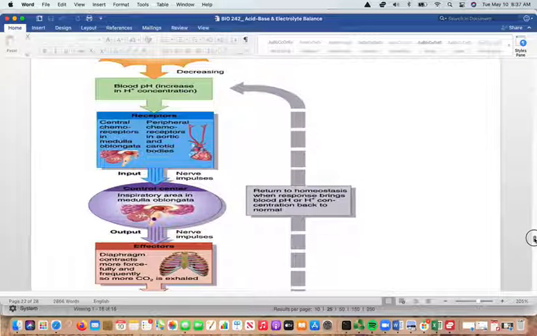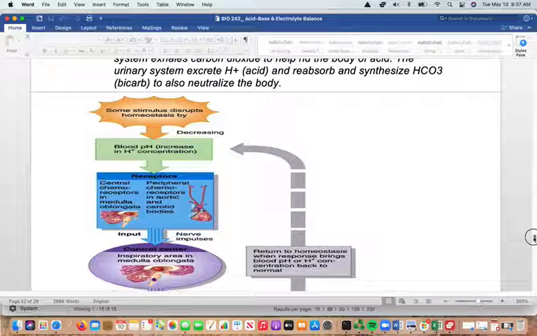This is essentially showing what happens when some stimulus disrupts homeostasis. So if you have a pH increase, you're going to have chemoreceptors in the medulla oblongata as well as in the aortic and carotid bodies going to send a message to the inspiratory area of the medulla oblongata.